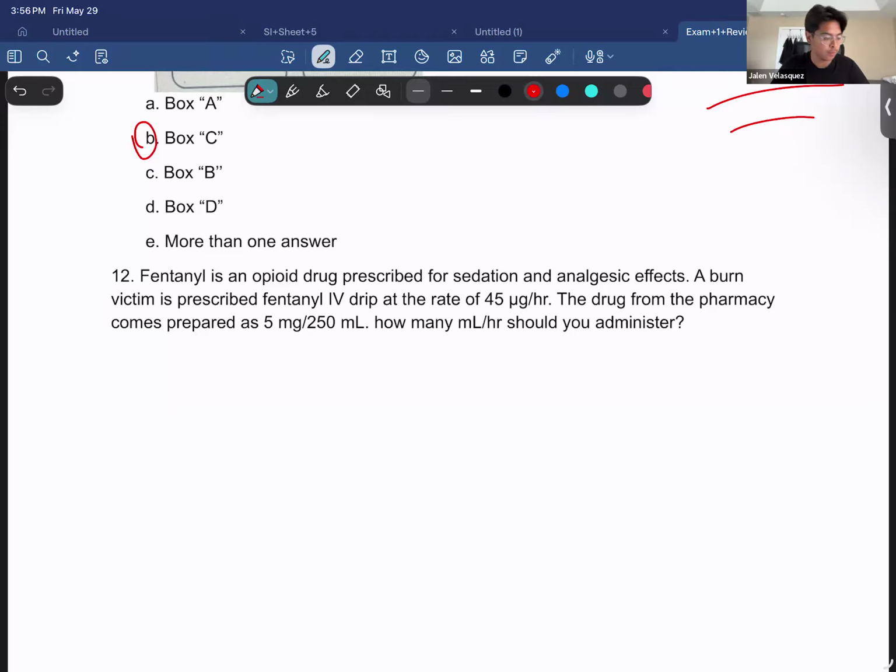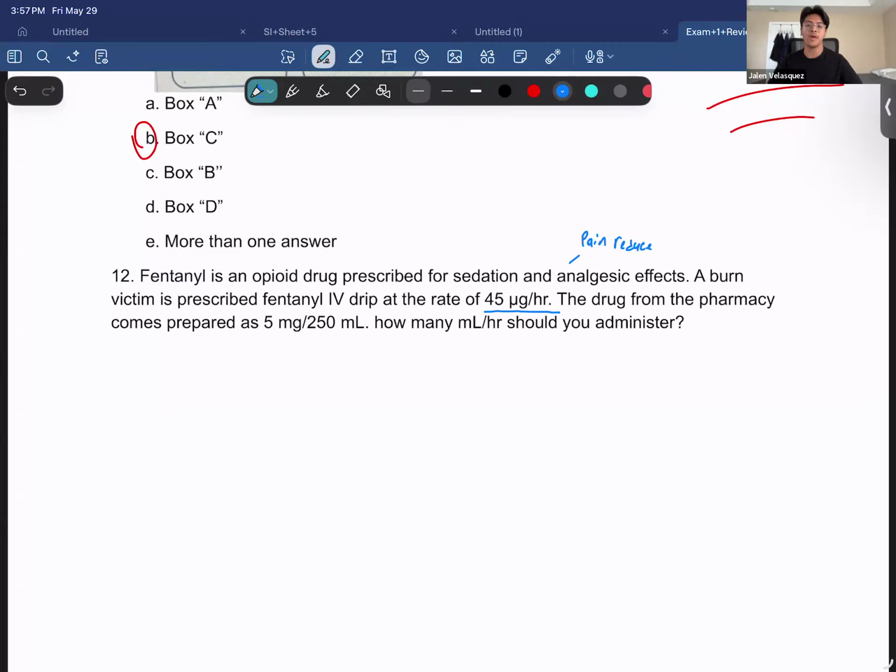All right, I'm going to read this one to you. I'll let it simmer a little bit, and then we'll go over how to do this. Number 12 says fentanyl is an opioid drug that is prescribed for sedation and analgesic effects. And analgesic just means pain reducing. A burn victim is prescribed fentanyl IV drip at the rate of 45 micrograms per hour.